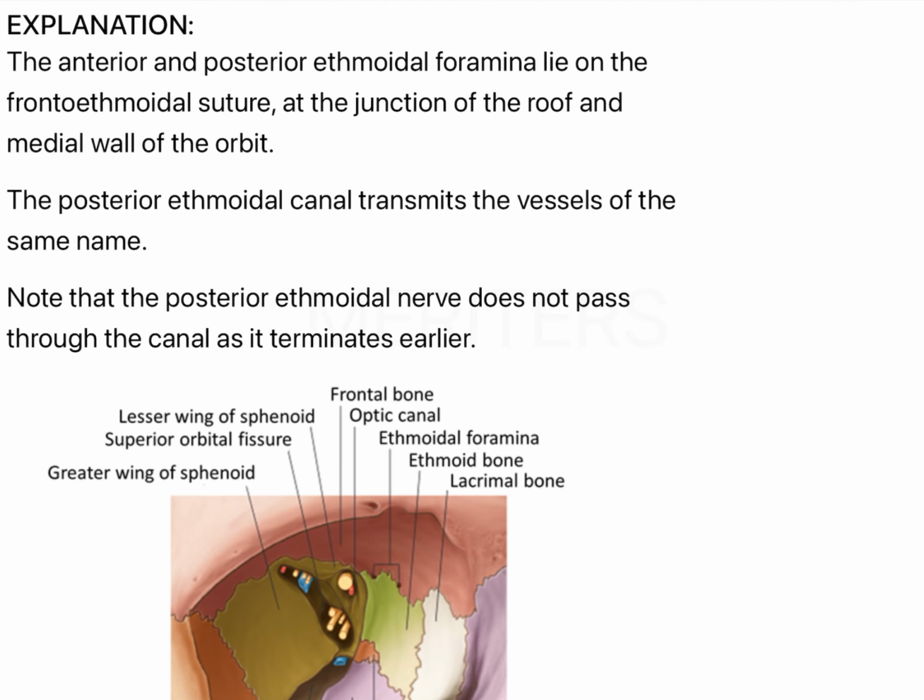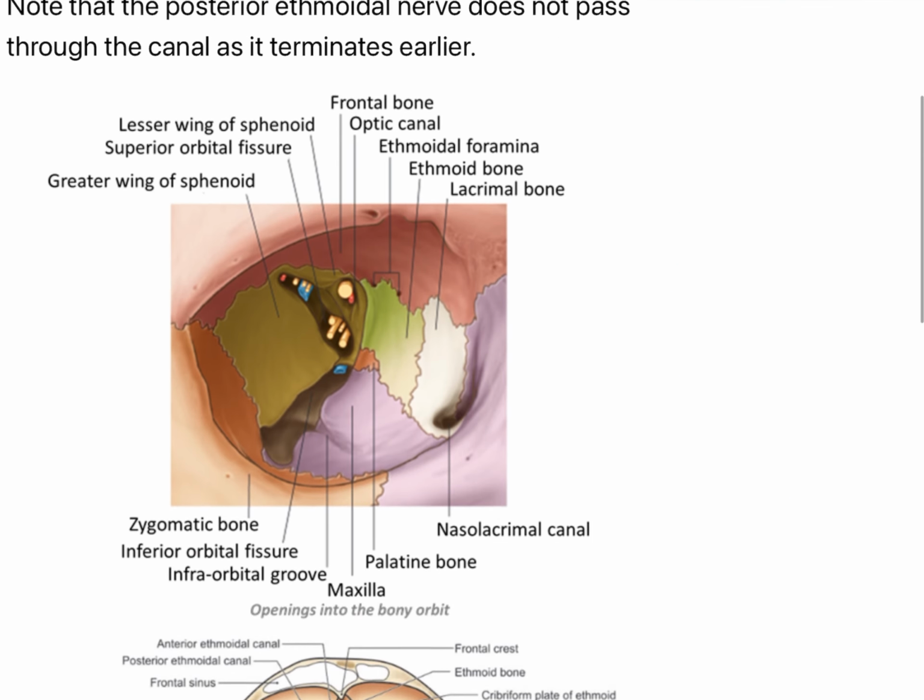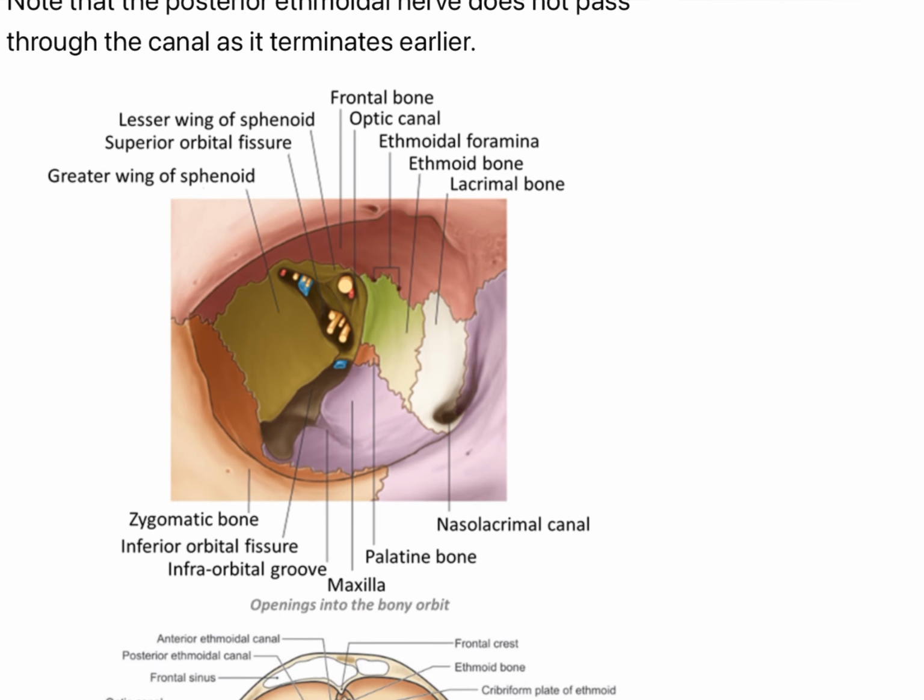So I'll just give you an idea of a very good figure here. This is a very beautiful figure, and we can understand that this is the medial aspect of the orbit, and this is going to be your ethmoidal bone.